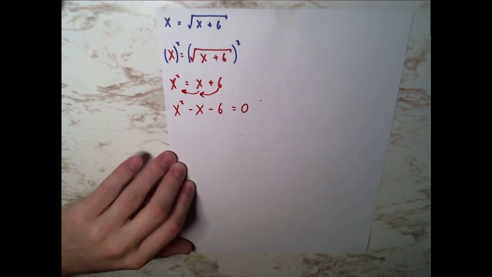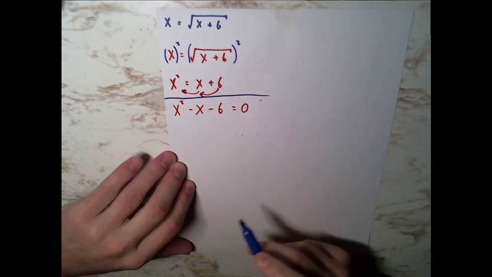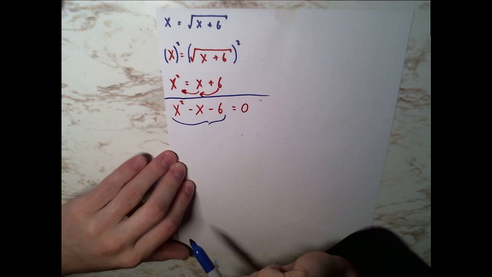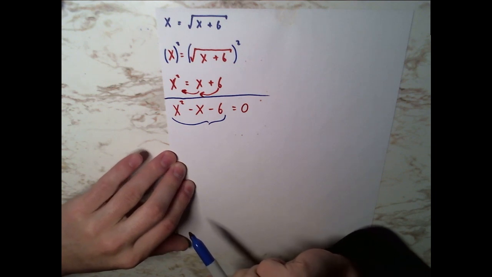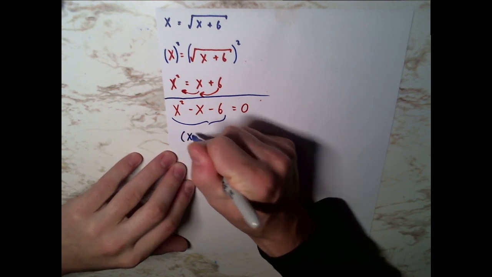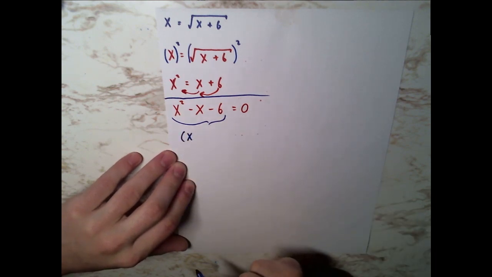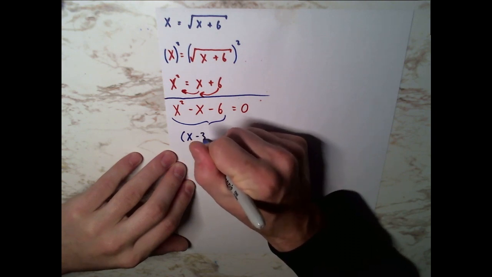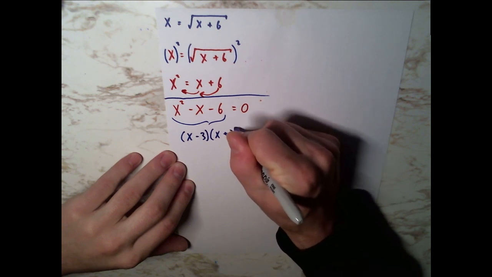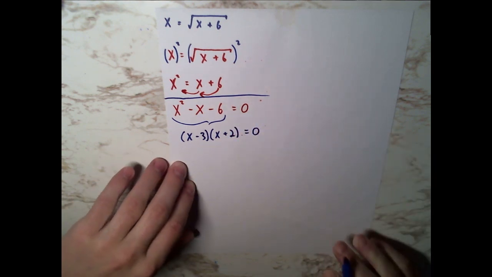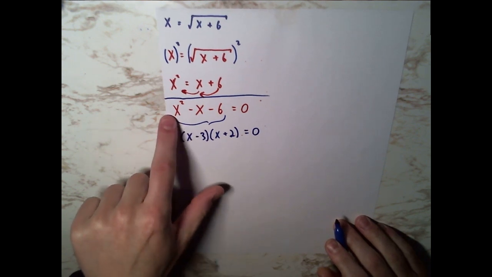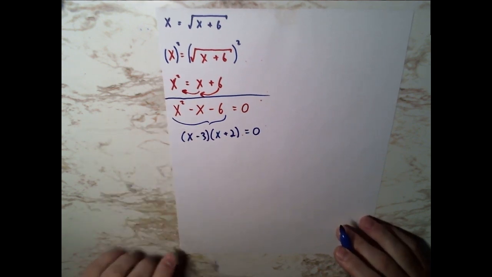And now we want to just try to factor this quadratic. So something that multiplies to -6 and adds to -1, it's going to be -3 and +2. So x minus 3 times x plus 2 equals 0. If we end up FOILing this out, you can check that we get this quadratic right here.